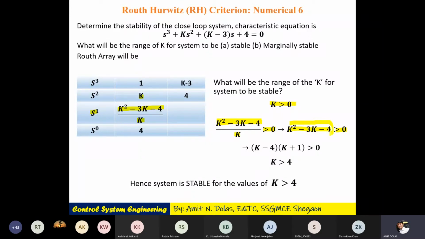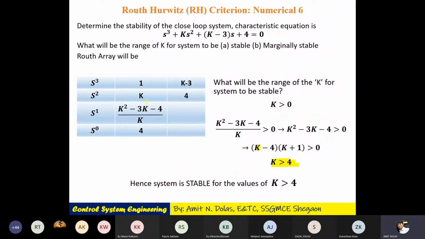Of course, you can directly write (k minus 4) into (k plus 1) is nothing but k square minus 3k minus 4. This (k minus 4) into (k plus 1) should be greater than 0. So of course, to satisfy this, the k value should be greater than 4. Of course, if it is less than 4, then the value will be negative. So k should be greater than 4.